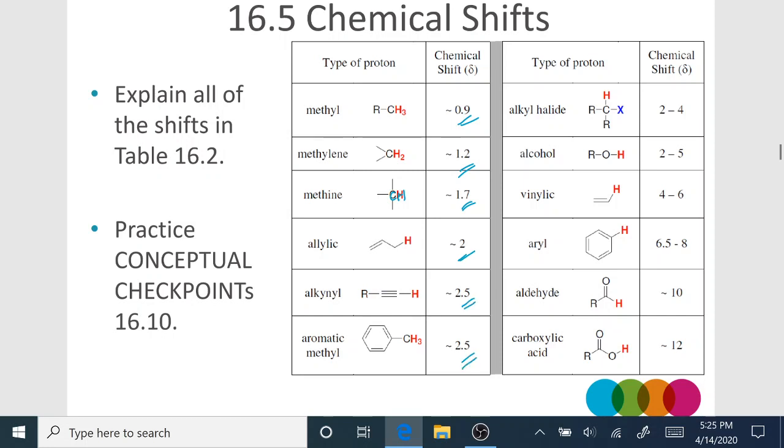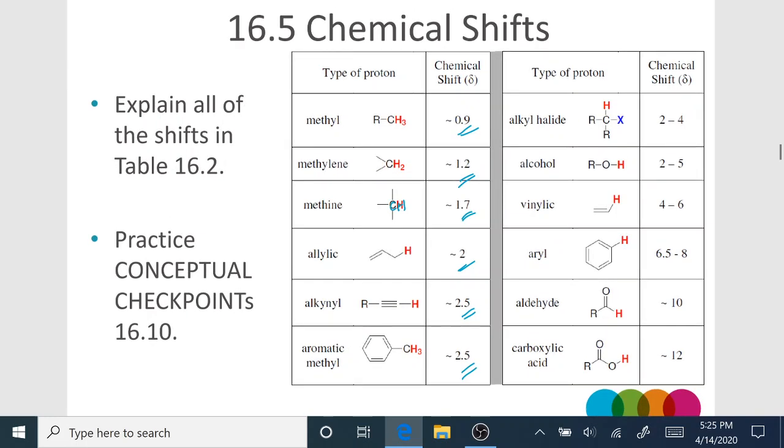An aromatic methyl, so next to a benzene ring, at about 2.5. An alkyl halide, 2 to 4. An alcohol, 2 to 5, and that's the hydrogen on the alcohol, okay? Vinylic, 4 to 6. Aryl, 6.5 to 8, so something on a benzene ring. An aldehyde is about 10, and a carboxylic acid is about 12.